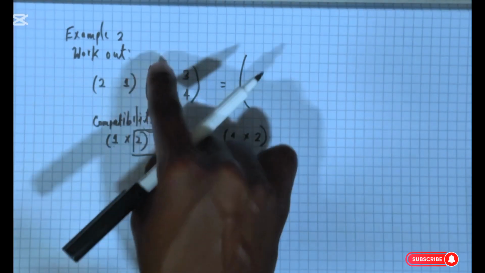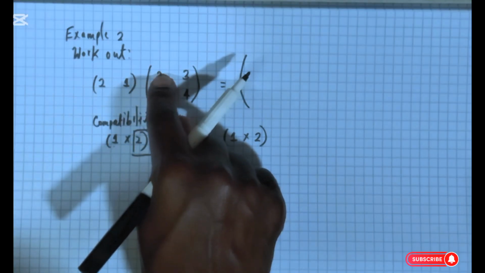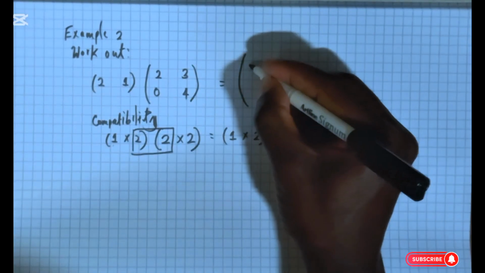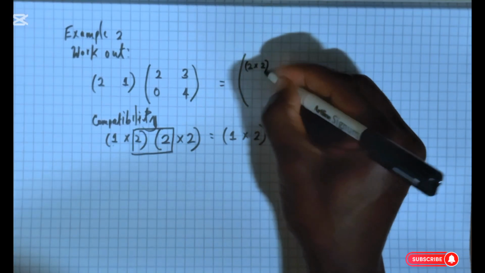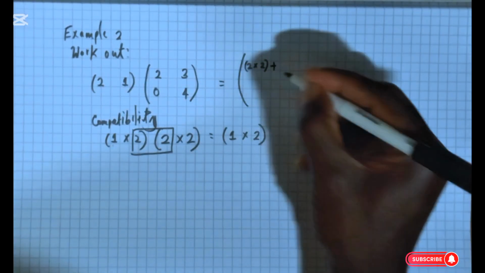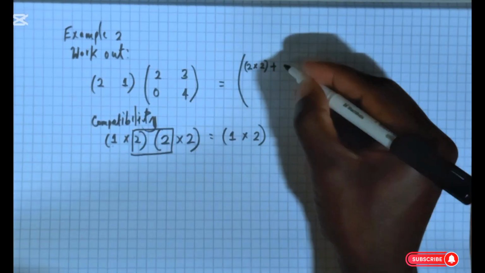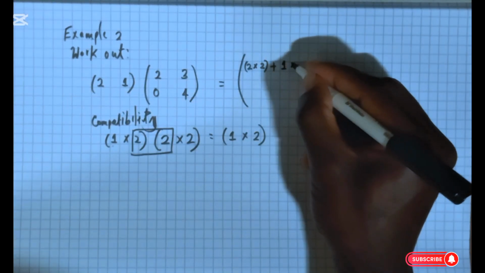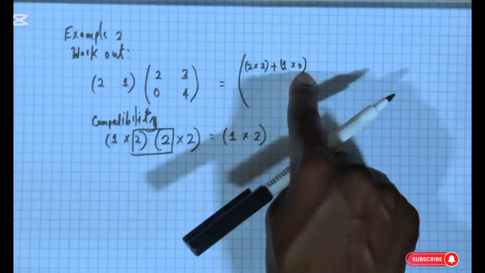Let us start with row 1 times column 1. So it's going to be 2 times 2, plus 1 times 0, to give us the first element right there.